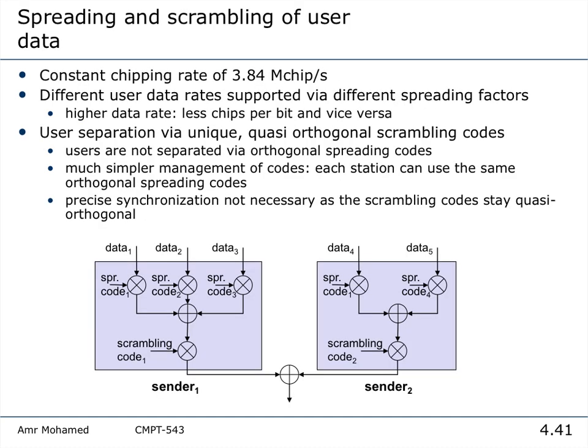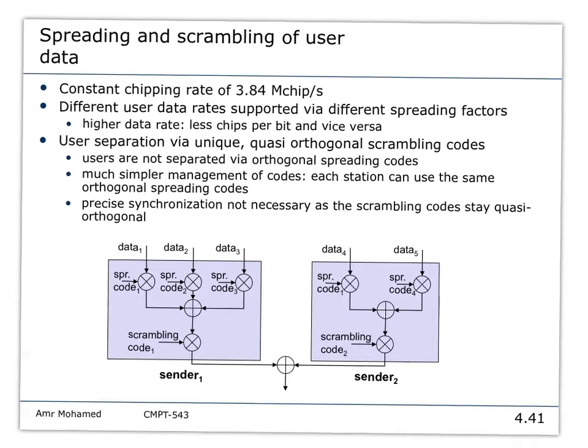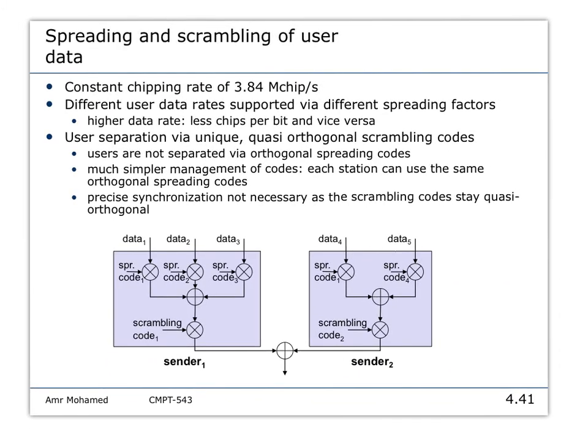Now, one thing we discussed before is that starting from release 99 and all the 3G standards, they utilize what we call CDMA. We're not talking here about FDMA anymore.